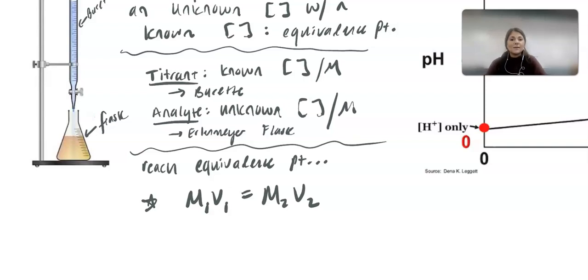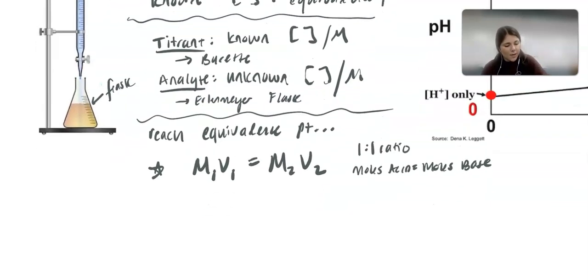Yes, this is the dilution equation, but we can use it because it's going to be a 1-to-1 ratio, as in moles of acid equal moles of base. Okay, remember big M will be molarity, V will be volume. So let's talk about these variables and how we put it in.